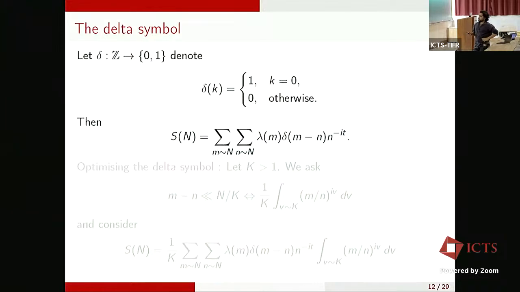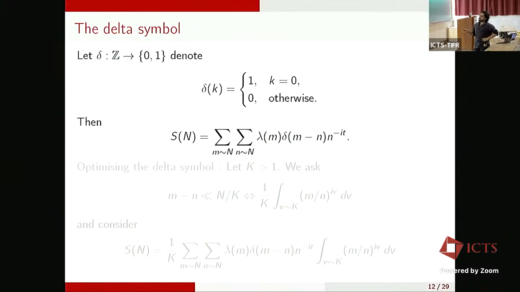If you use this, you can rewrite S_N as two copies of m and n, lambda n, twisted by n power minus it, which are connected by this delta symbol. So you see, we started from one copy and now have two copies.